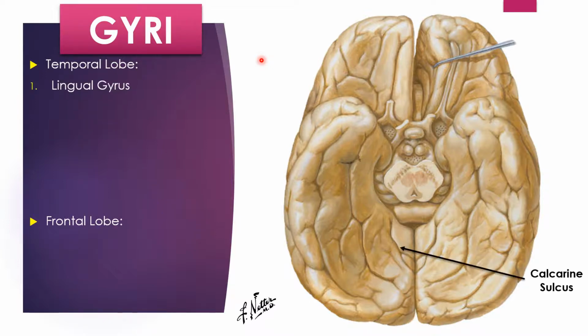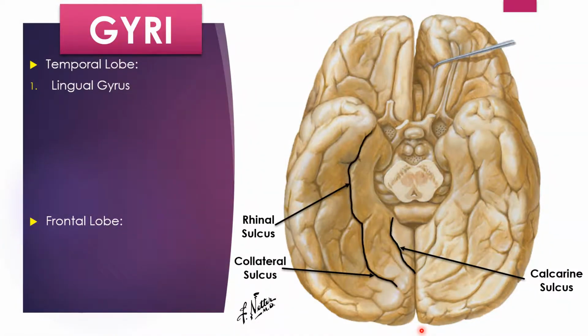We all know that there will be a calcarine sulcus and a collateral sulcus, which will be anteriorly continuous as the rhinal sulcus. So the gyrus between the calcarine and the collateral sulcus will be the lingual gyrus. ठीक है, टंग लेग गायरस, lingual gyrus.